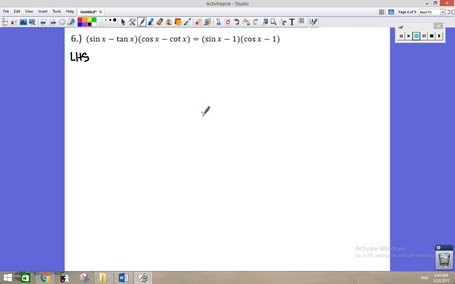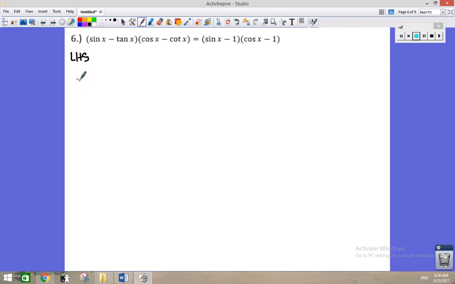We have a rule of thumb that says whenever possible, try to write everything in terms of sines and cosines. So let's multiply this out, and then when we see tangent, we'll replace it with sine of x over cosine of x, and for cotangent of x, cosine of x divided by sine of x. We'll use those quotient identities from your reference sheet.